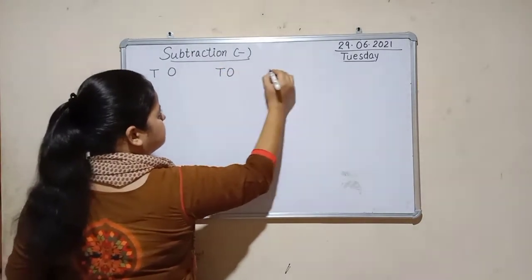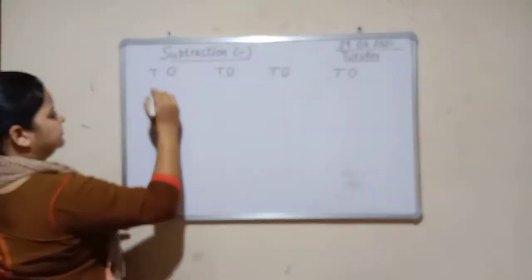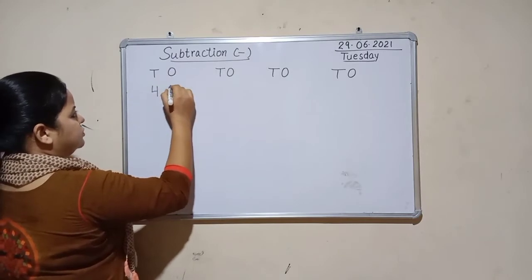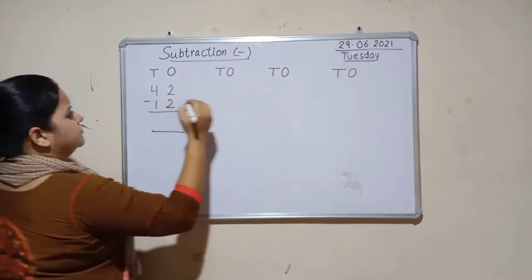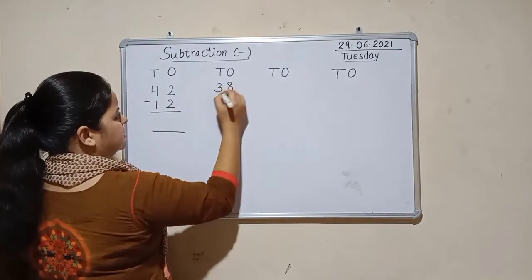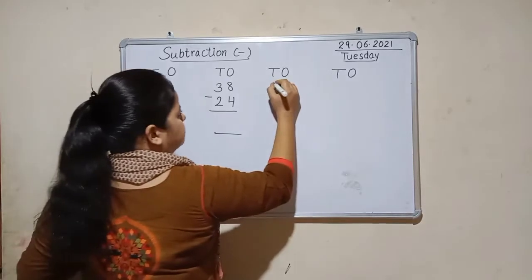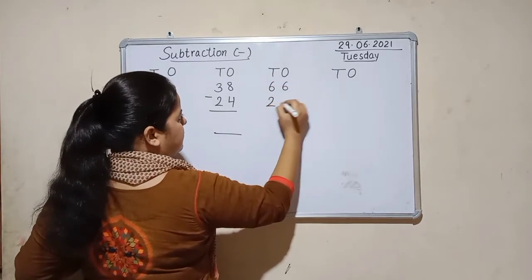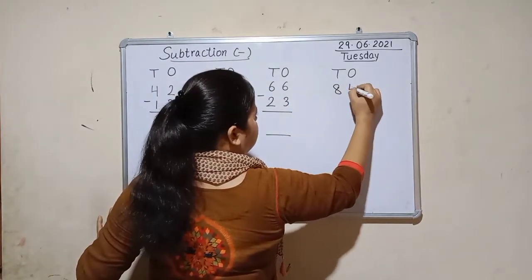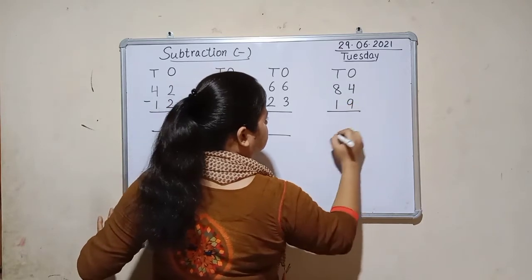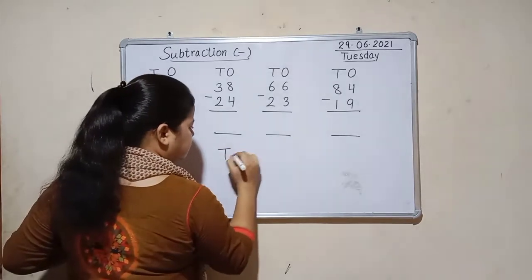Tens, ones. 42 minus 12. 38 minus 24. 66 minus 23. 84 minus 19. Again we will write tens ones here.